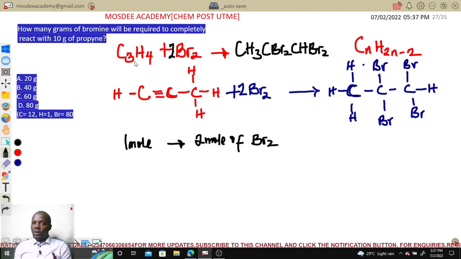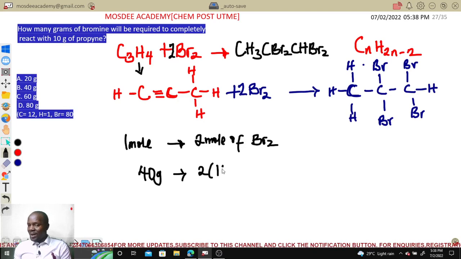So 1 mole is the molar mass of C3H4, which is 3 times 12 is 36, 36 plus 4, 40. So 1 mole of this is 40 grams. It requires 2 moles of Br2. Br is 80, so Br2 is 80 times 2, 160.